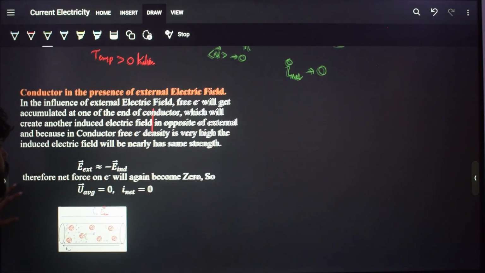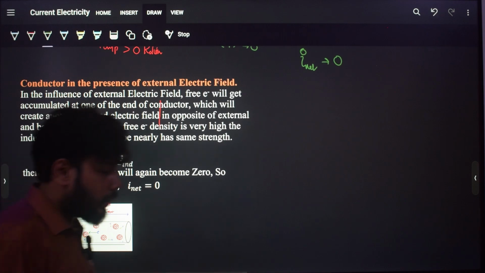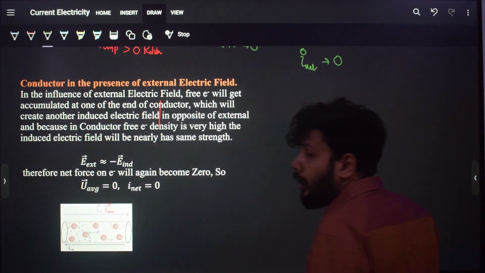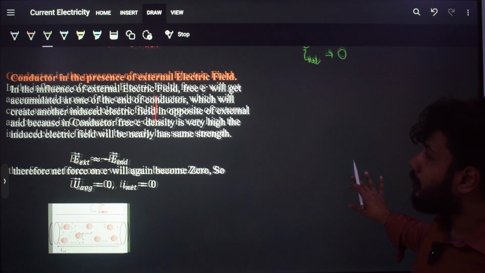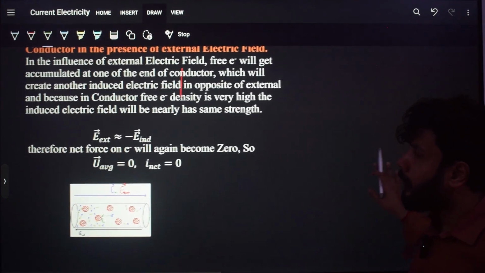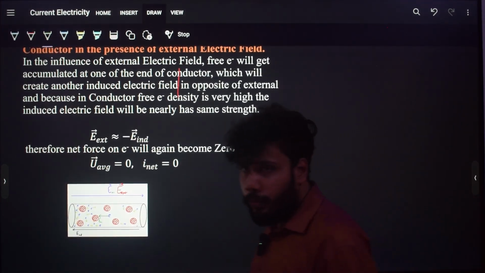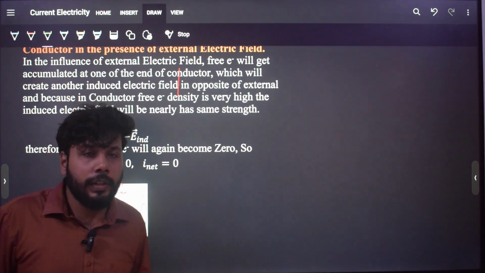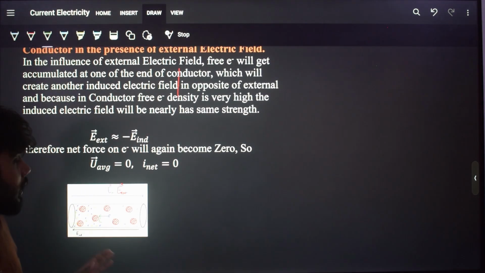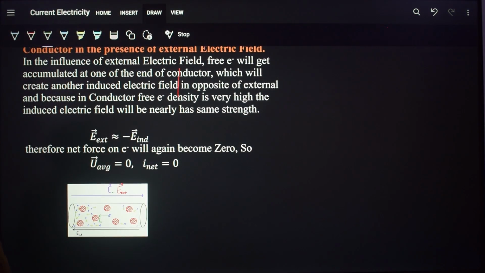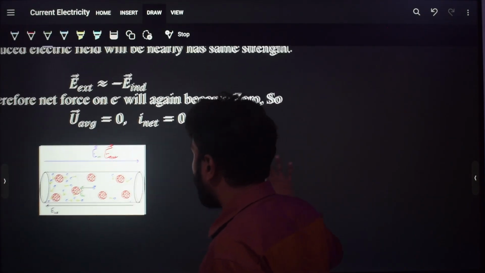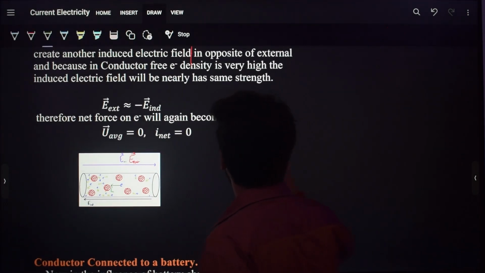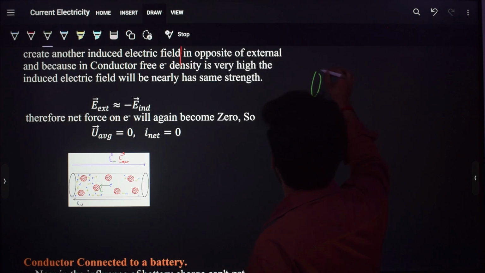Now we have to discuss what will happen if the conductor is in the presence of some electric field. We know an electric field creates some force on electrons. So we have to discuss what will happen if there is a conductor under the influence of an electric field. I will show you here.